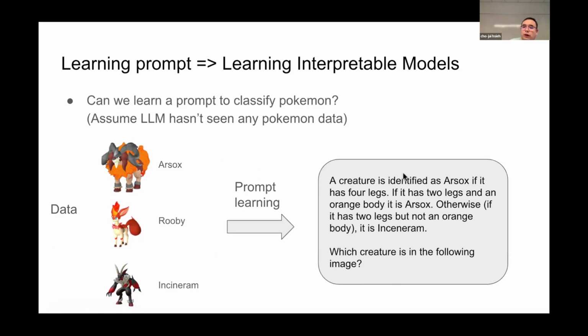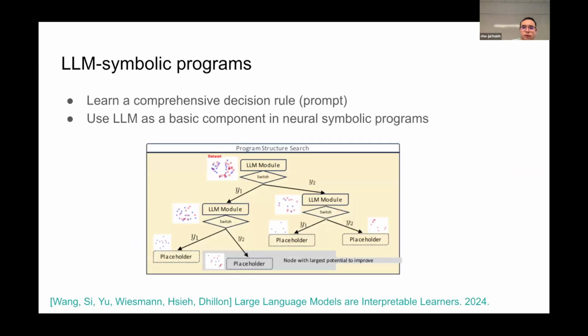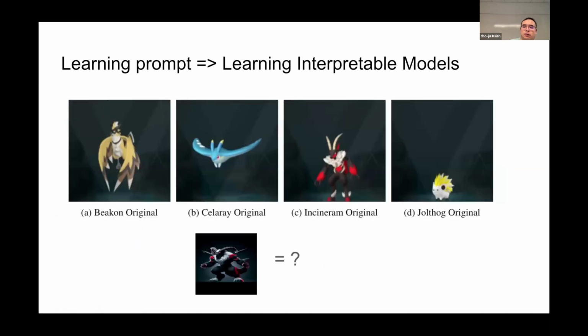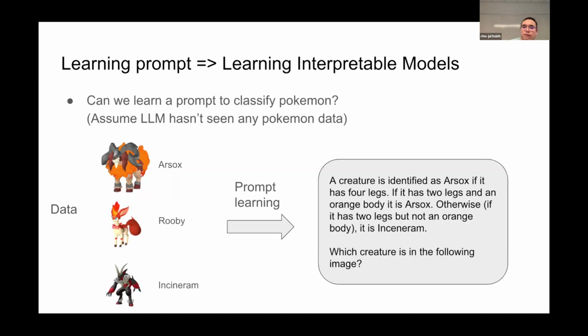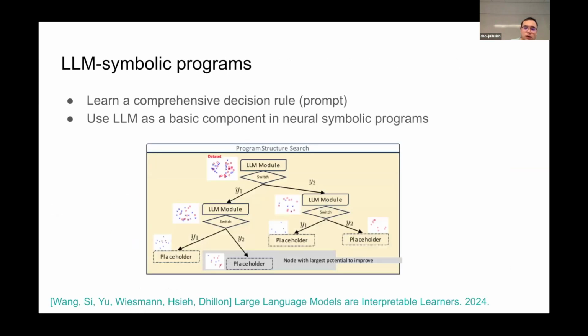And as a human, we can understand what this means, what the decision rule is. So I won't go into detail, but you can imagine if we have some very powerful prompt optimization algorithm to generate a prompt from the data, then we achieve this interpretable learning goal. So in this paper, we have proposed something called LLM symbolic program, where instead of having only one prompt, we structure it as a tree.